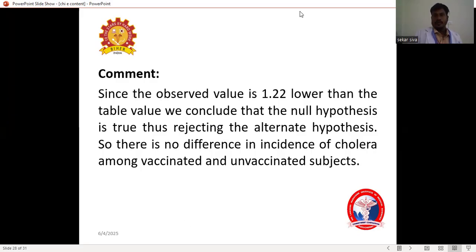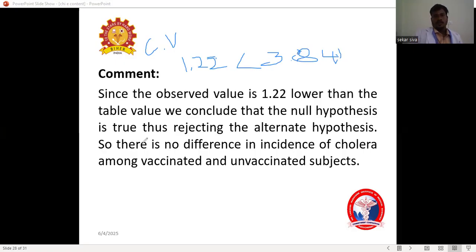Here, the calculated value 1.22 is less than the table value, that is 3.841.